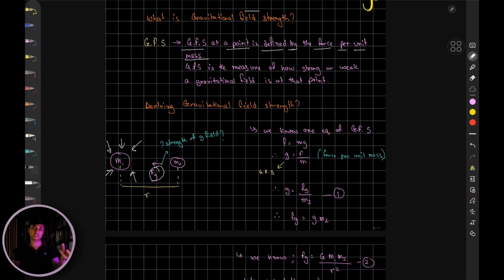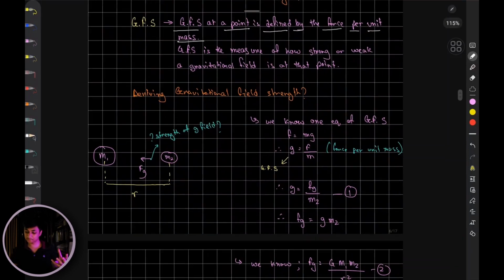This Fg turns out to be the same for both masses due to Newton's pair of forces: action force is equal to reaction force. That is Newton's third law. So Fg on M1 is the same as Fg on M2. Taking that into consideration, let's derive our gravitational field strength.